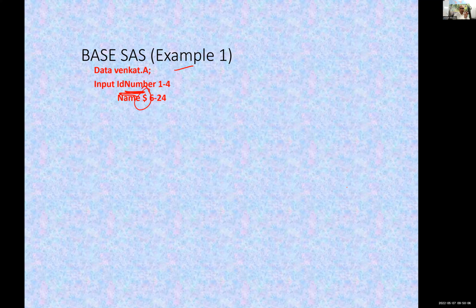Data here is of two types: one is character and the other one is numeric. How is SAS going to recognize whether it is a character or numeric? If it is a character, you need to specify a dollar symbol. If it is numeric, it is not necessary. If you are not specifying the dollar symbol, SAS is going to recognize that as numeric.